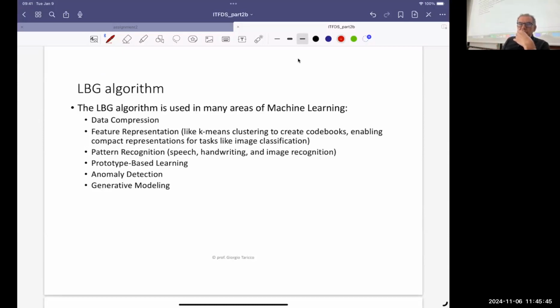And LBG is used in data compression, in feature representation, like the k-means clustering algorithm, in pattern recognition, prototype-based learning, anomaly detection, generative modeling, and I stop here because the list goes on quite long. Just to tell you that it's not an algorithm that has no significance. It's quite significant in the context of modern technology, modern technological applications.